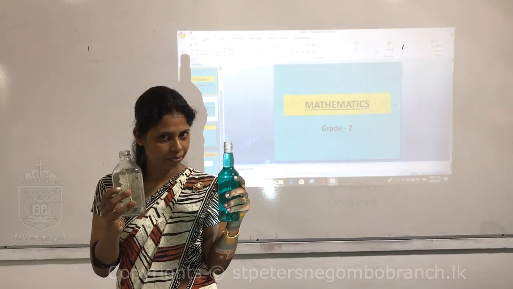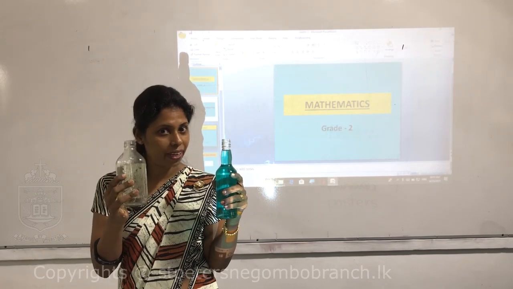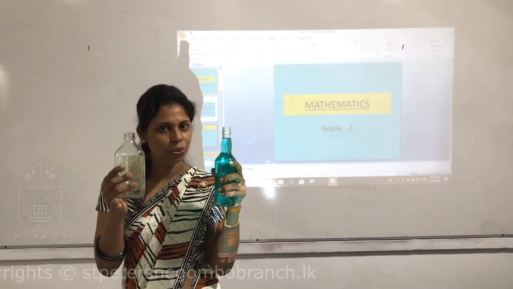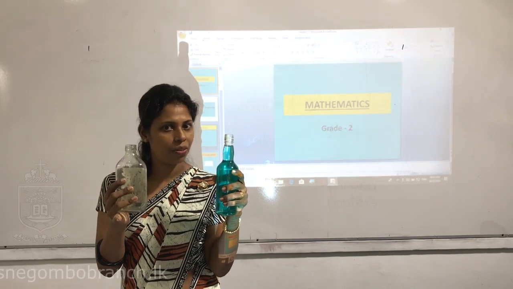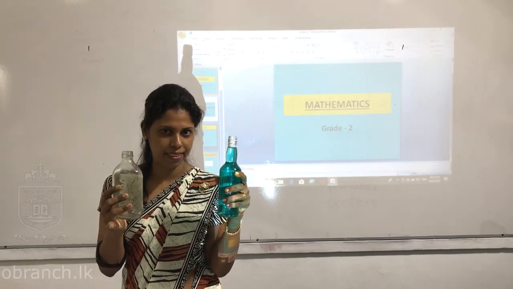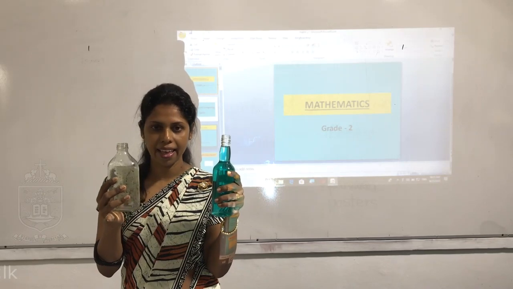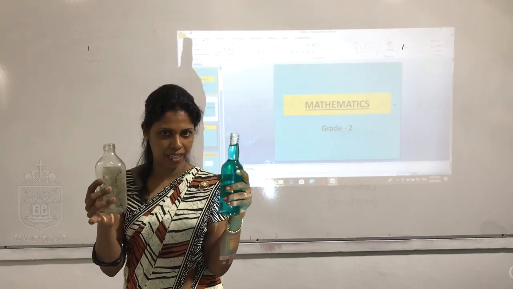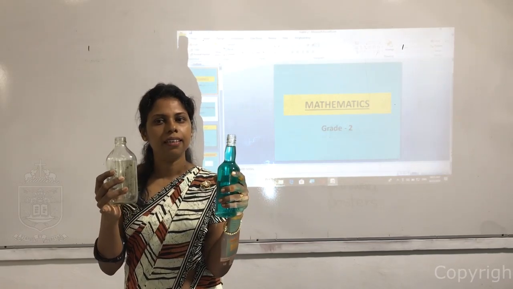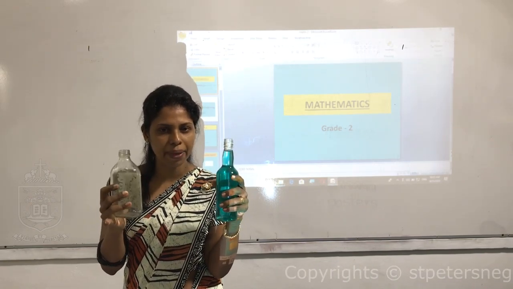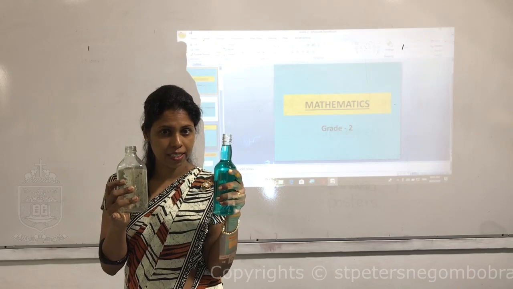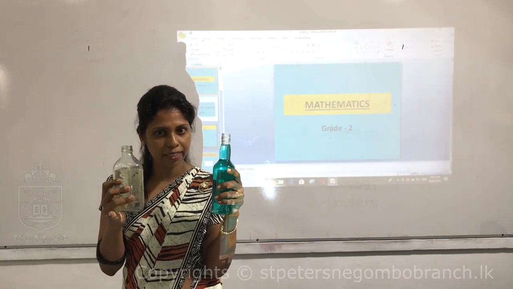Shall we check? Yes, now we are going to check. Do these two bottles have the same capacity? They have two different shapes, but we are going to check if they have the same capacity. How are we going to check?